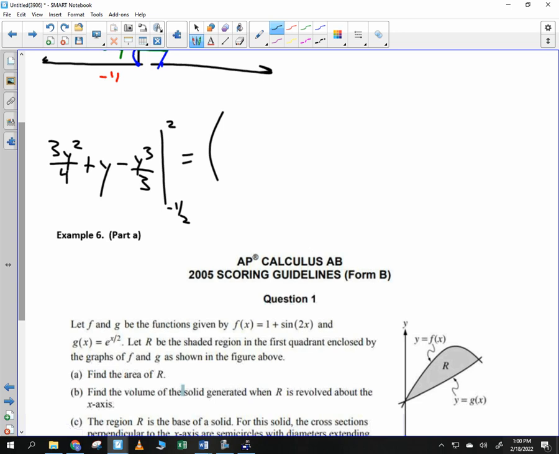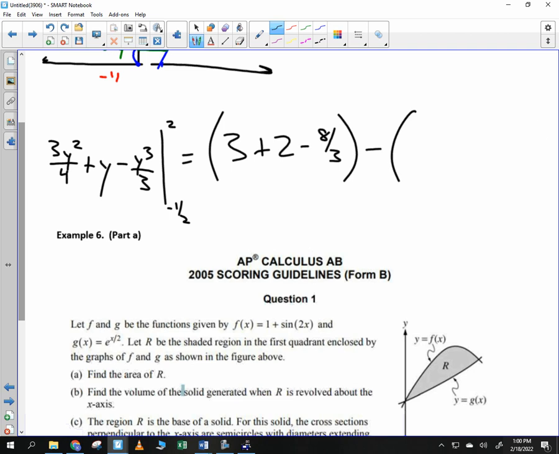So, all right, we plug in 2. 2 squared is 4. Divide by 4, times 3 is 3. Plus 2, which is dos in Spanish. Plug in the 2, we got 8 over 3, so minus 8/3.